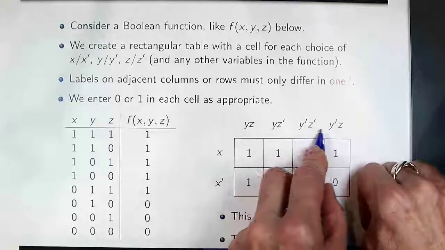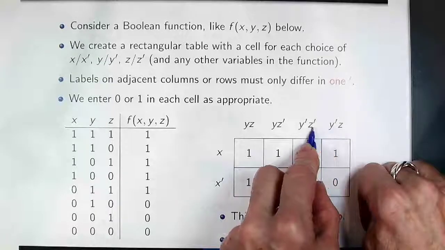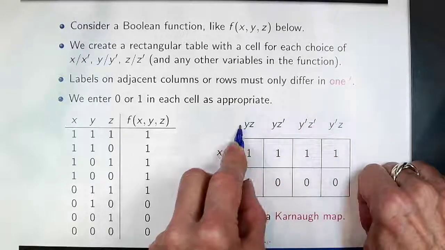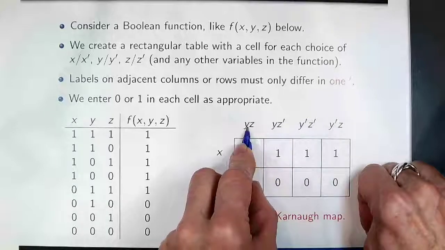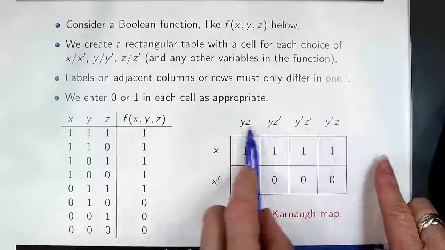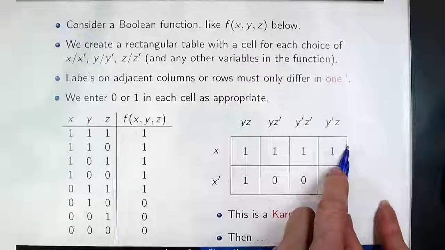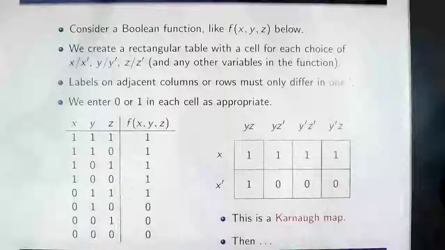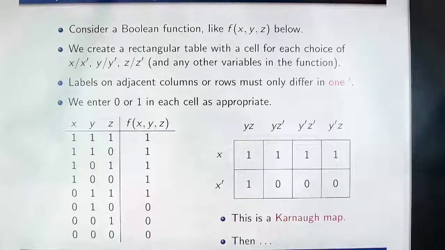Here, y dash stays and z dash changes to z. And we're actually thinking of this as wrapped around. So as I go from here to here, y dash changes to y and z remains as z. And down here we've got x and x dash. The idea is that each box represents one row of the table. We have 8 rows in the table.